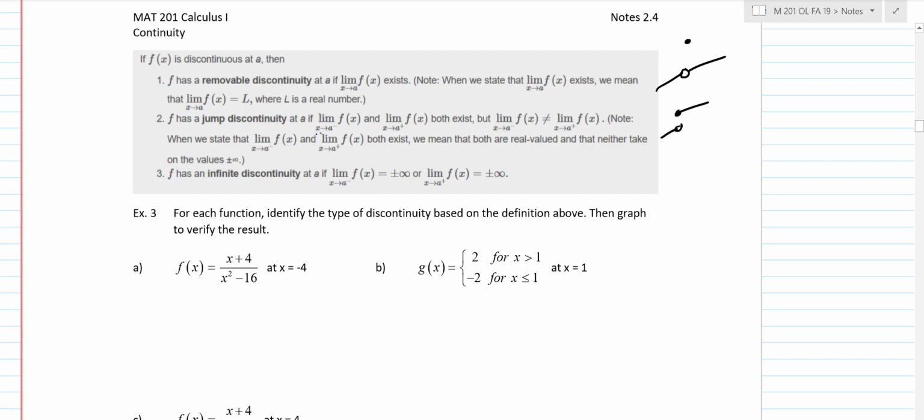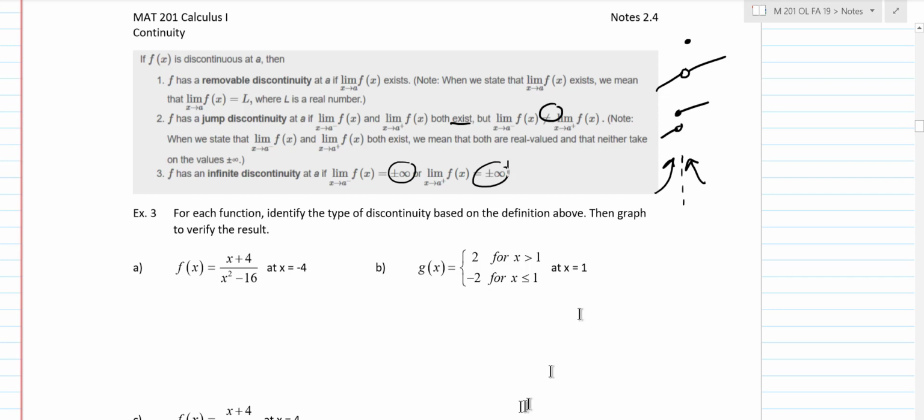The left and right hand limits exist, but they are not equal. That's what I just showed you on the previous page. And then the infinite discontinuity is where you have an asymptote, and the left and right hand limits go to plus or minus infinity. That's how you can locate the type of discontinuity based on the definition without looking at the graph.